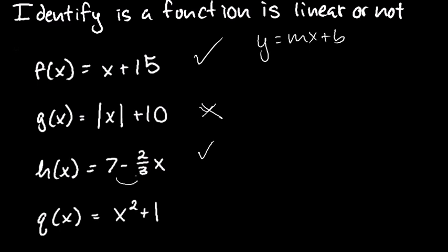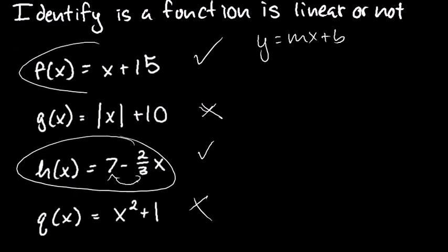I would do that just by switching my mx here and my b. And x squared. Johnny, during class, told us that this is going to look like a parabola, and I know certainly a parabola does not look like a line, so this one does not. So f of x and h of x are linear.